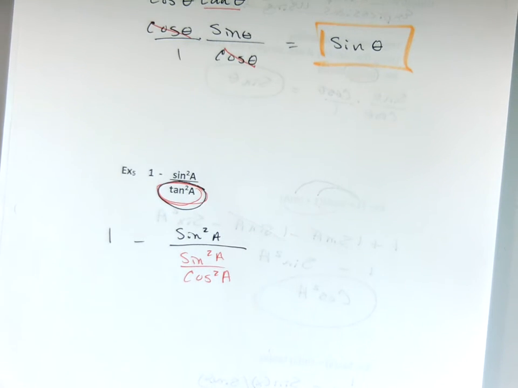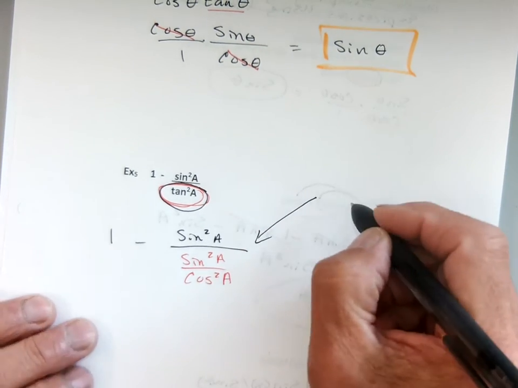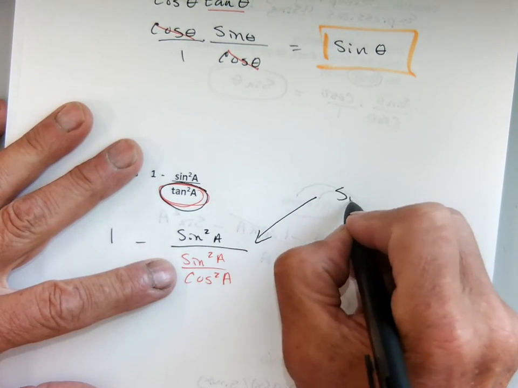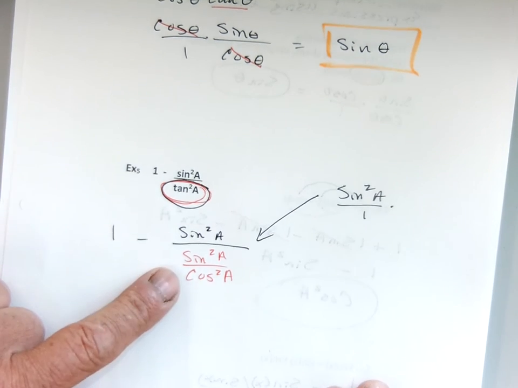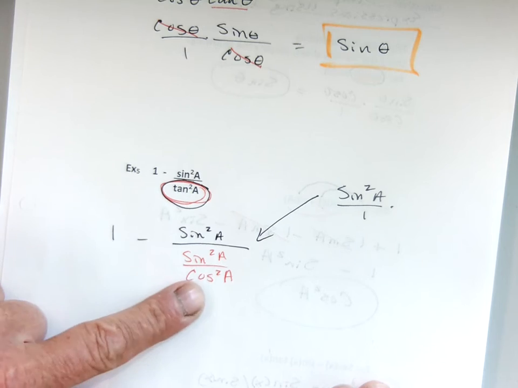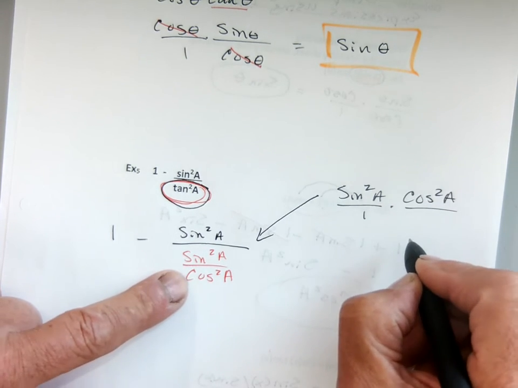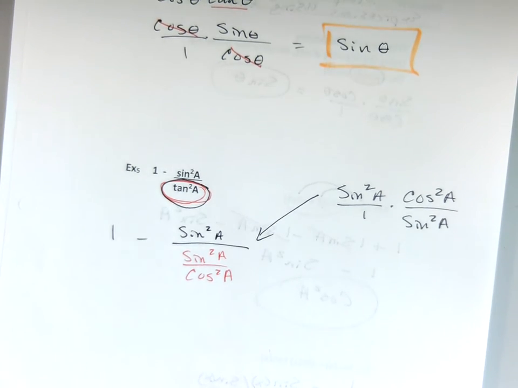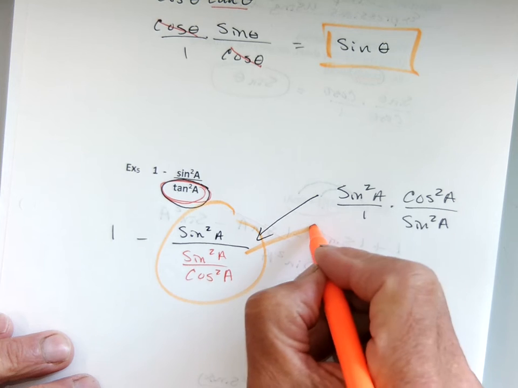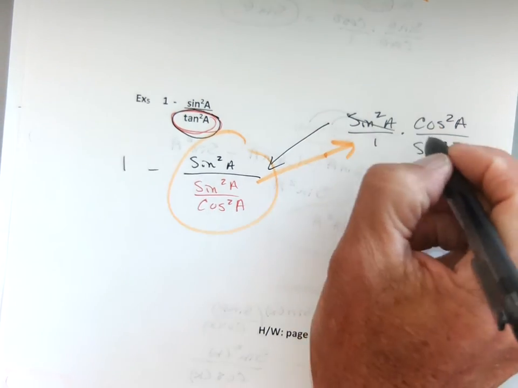Well, I'm going to take this fraction here. I know that if I have sine squared A over 1 and I invert multiply, you guys okay with invert multiply, right? That'd be a cosine squared of A over sine squared of A, okay? All I'm doing is this fraction here. Invert multiply, okay? That's all I'm doing. I think that'll cancel with that, right?